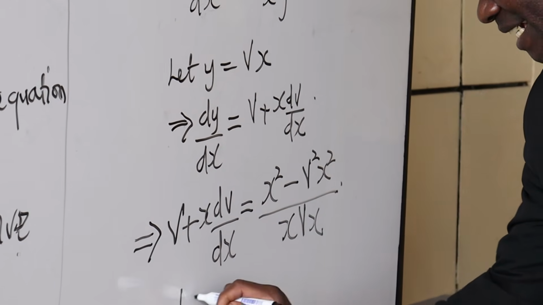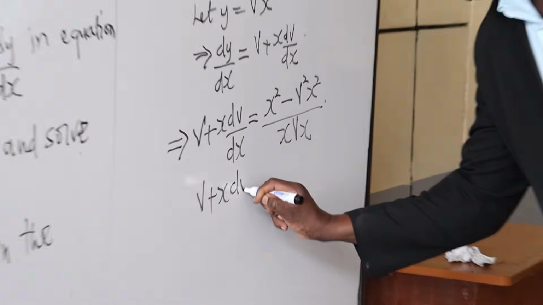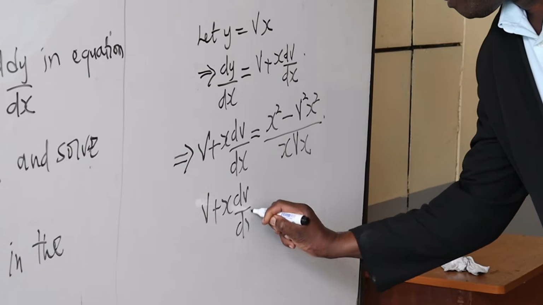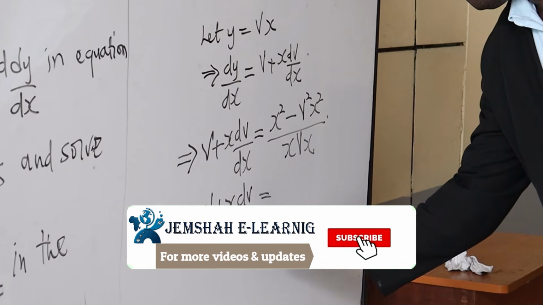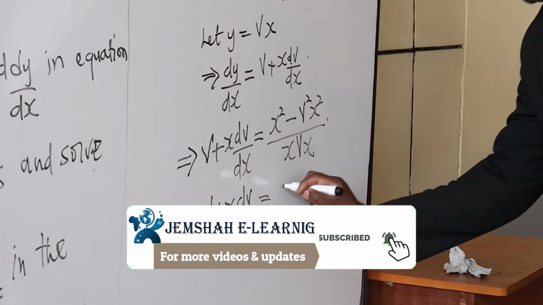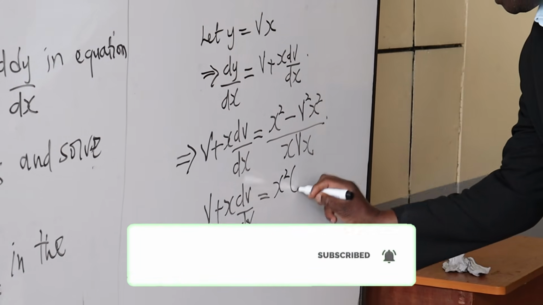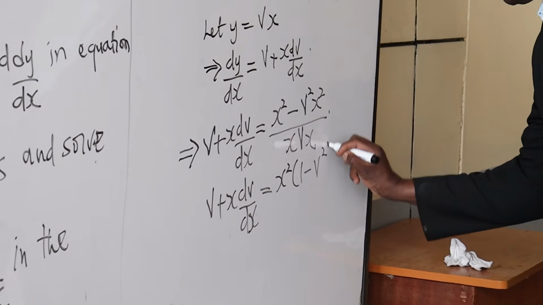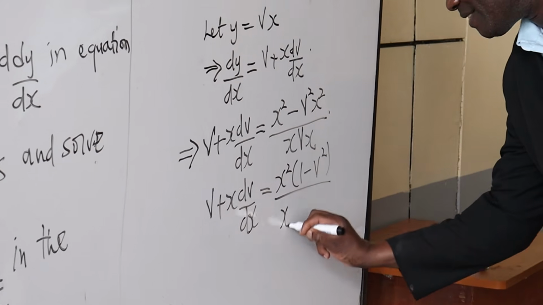So v plus x dv/dx will be equal to, as we can see, x squared into 1 minus v squared all over x squared v.